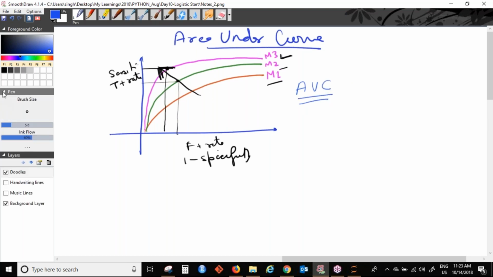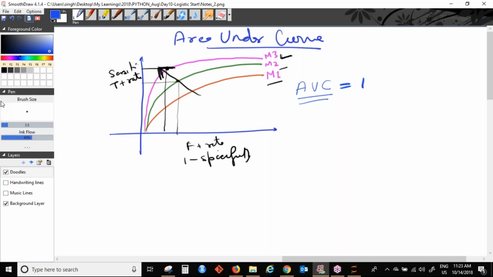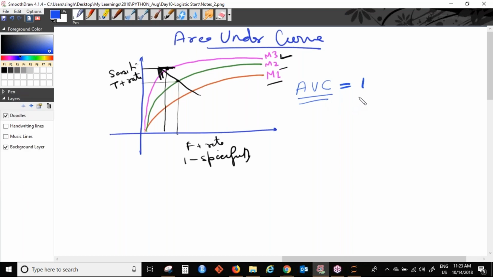You can clearly see that model M3 has the highest area under curve. The maximum value it can take is 100%. Obviously, you will never get 100%, but the closer to 1, the better the model is. Here, the area under curve of M3 is greater than M2, which is greater than M1. So M3 is clearly the best model.